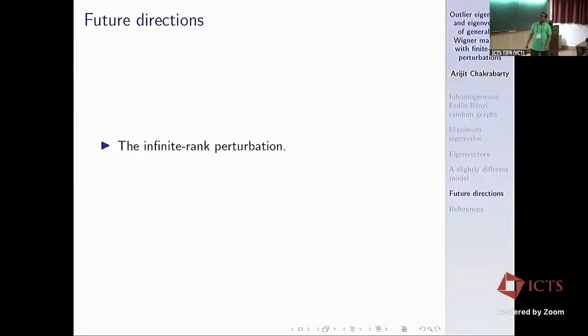I want to tell you the future directions that we want to go. So infinite rank perturbation is another mathematical challenge we are yet to overcome, because all the results that I talked about essentially proceed by writing the eigenvalues of An as those of V, which is a finite dimensional matrix, K cross K. Now when you have an infinite thing, this idea will break down.